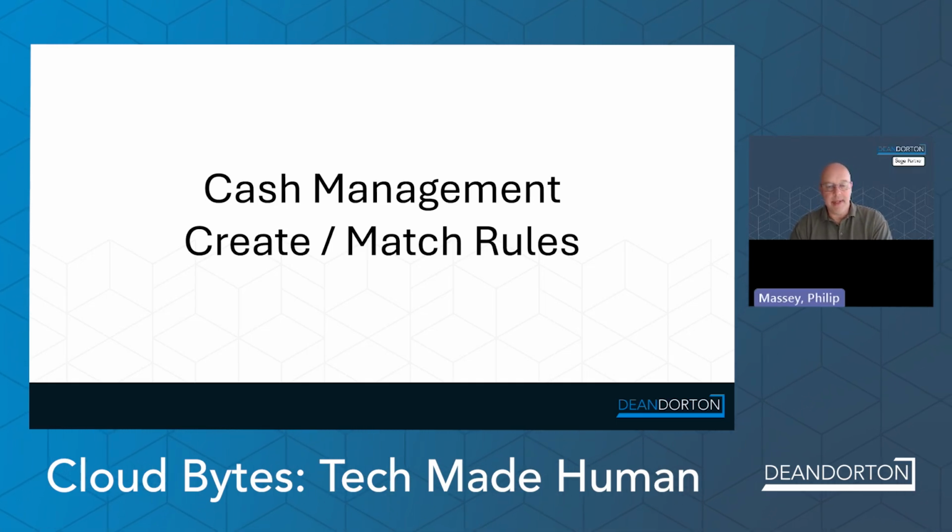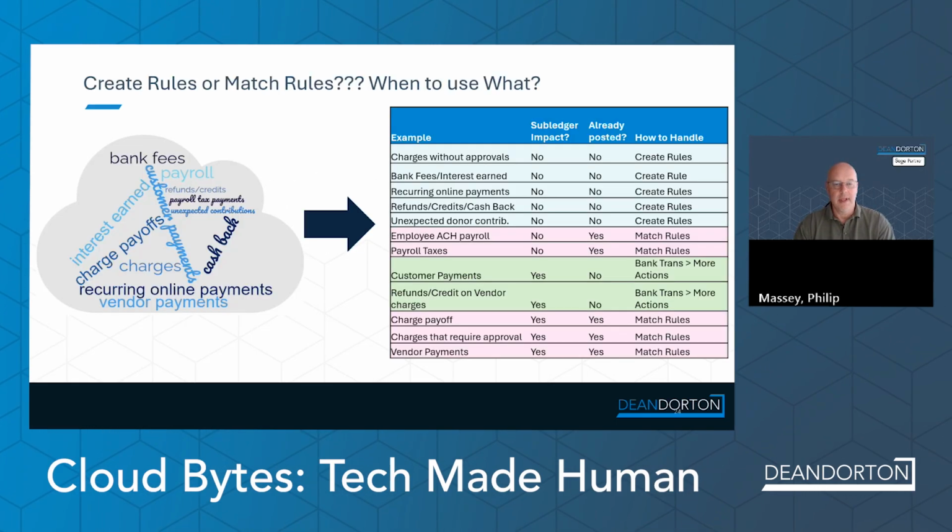And basically what it means is you can set up this set of rules that can either create transactions or match transactions. And it depends on what it is you're doing in the system, where you are at the moment, what you're looking to accomplish, and things like that. But there's create rules and there's match rules inside the system.